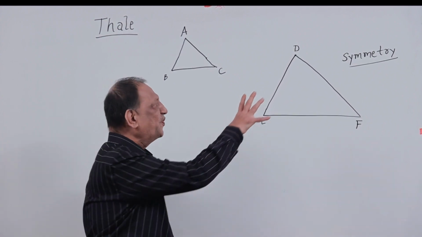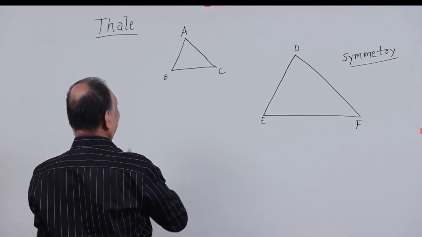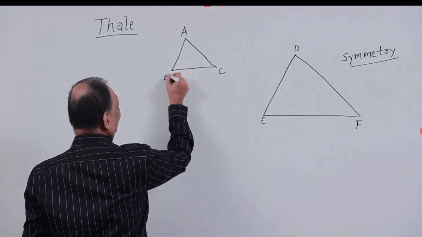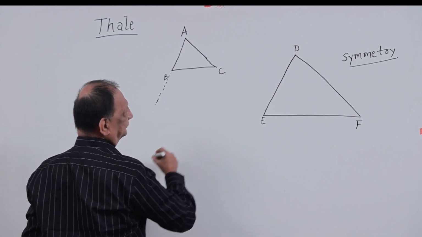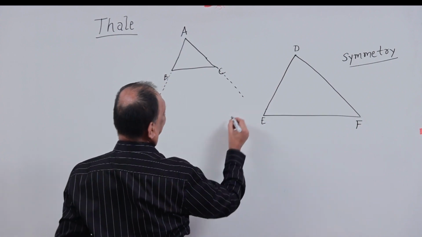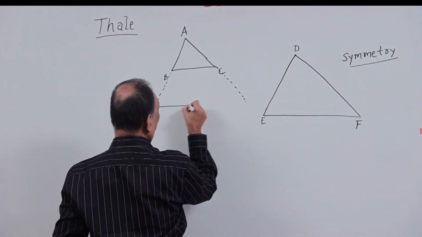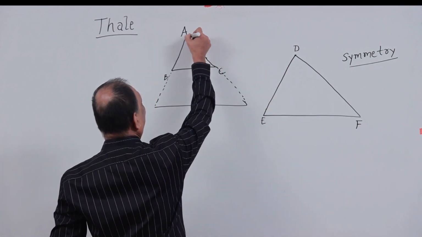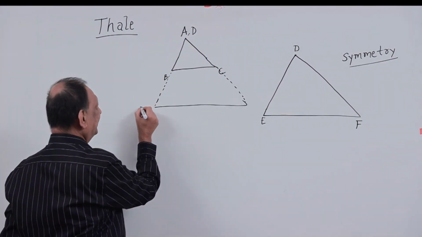So we just have to move it, and when you move it, the picture that we are likely to see is like this, right? So AB gets extended up to E, AC gets extended up to F, correct? So just visualize that now our triangle DEF is in the same place as ABC.